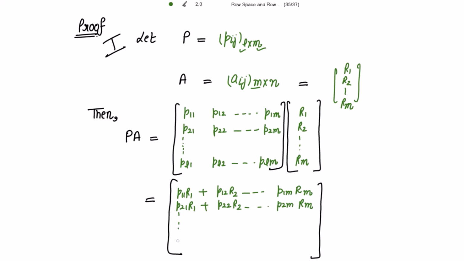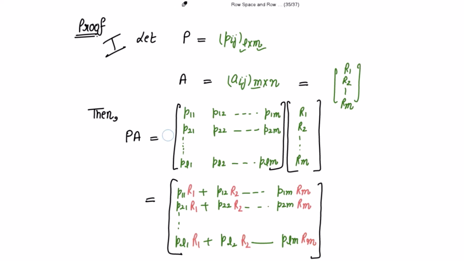Likewise, this is Pl1 R1 plus Pl2 R2, and so on, Plm Rm, right? And now you have noticed over here that the first element of this matrix is a linear combination of R1, R2 up to Rm, and the second element is also a linear combination of R1, R2, R3 up to Rm, and similarly the last element, right?